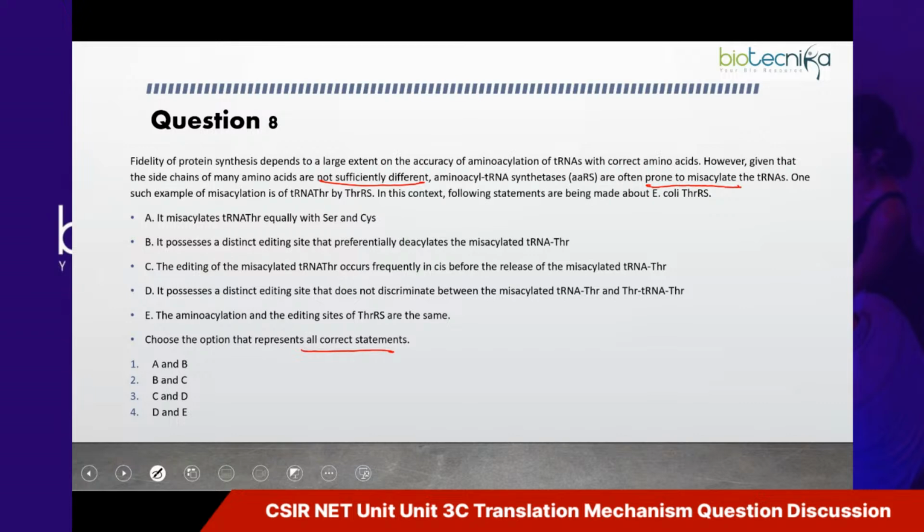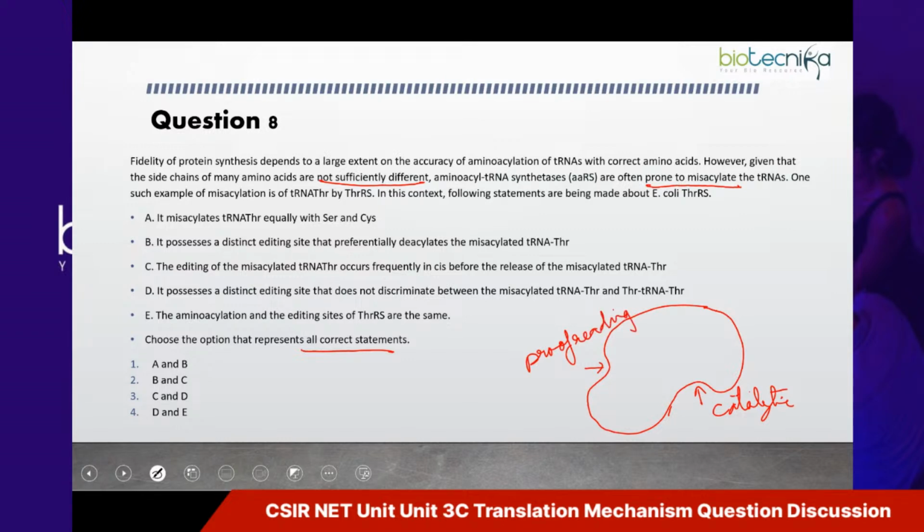Okay, why is this proofreading required? It is required in case a wrong amino acid is attached to a particular tRNA. Now these are enzymes, right? So think of it like two pockets. This one is the catalytic site where the aminoacylation will happen. This is the proofreading site, which will do the proofreading, and if deacylation is required, then it will do it.